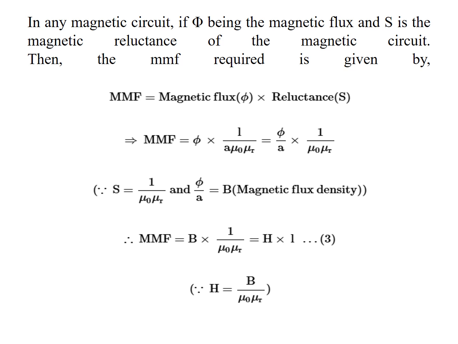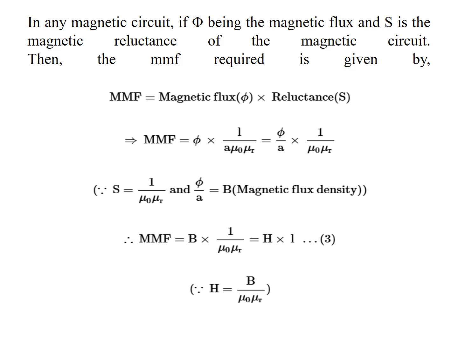So we have to put the relation of the magnetic flux and reluctance in the equation. MMF equals phi into L upon A mu 0 mu r. We have to rearrange the equation in a suitable form. Therefore, we can arrange it as phi by A into L upon mu 0 mu r.